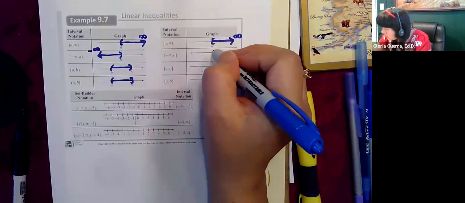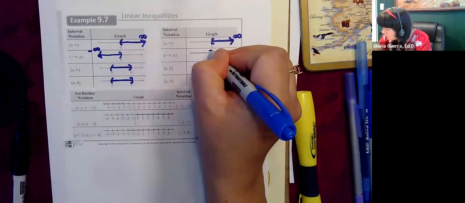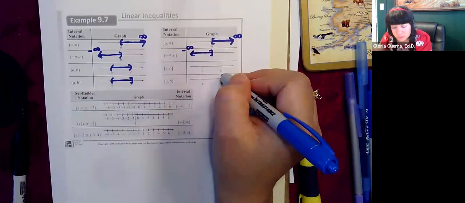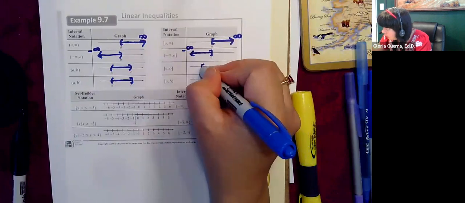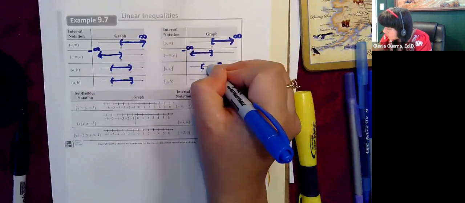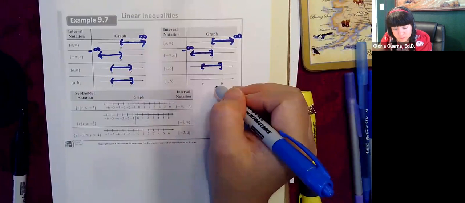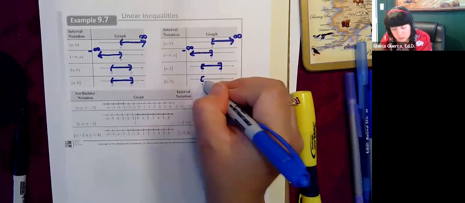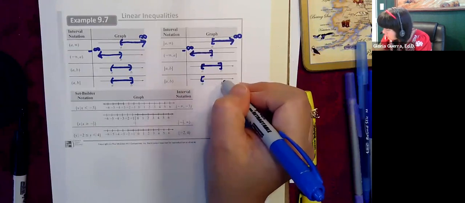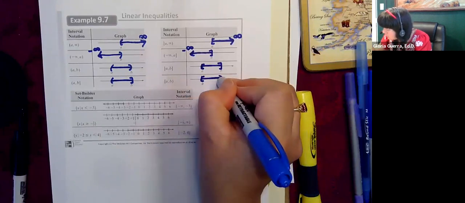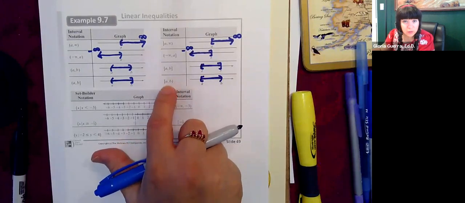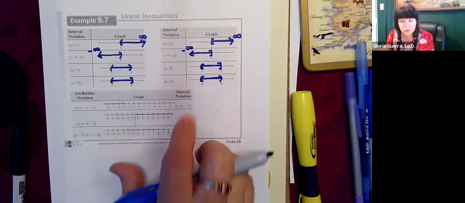This is a bracket. This is negative infinity. These are trapped in between, and these are brackets here. Here, this is a bracket, and then parentheses. It's a little hard to see that, but you're getting that from here. Okay, just kind of hard to see that.